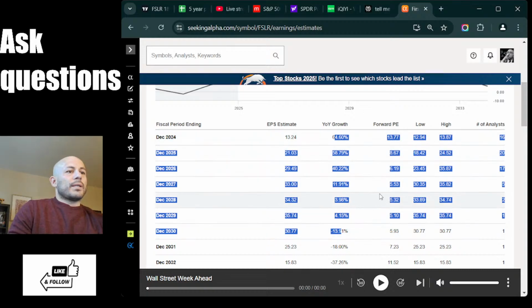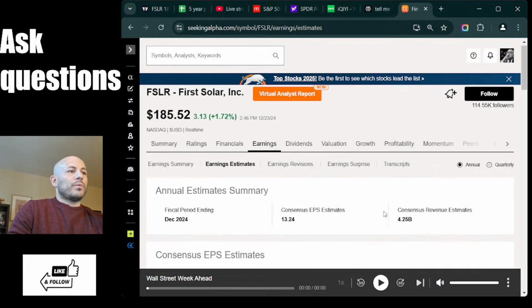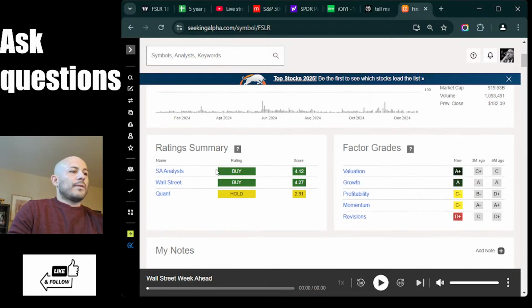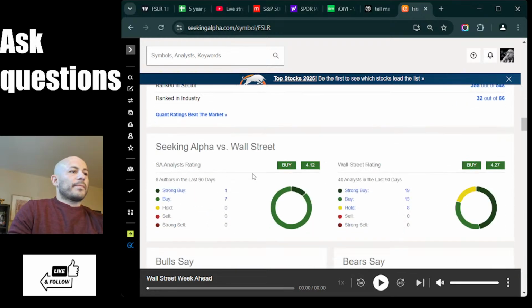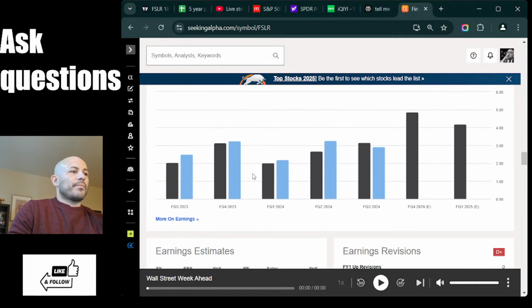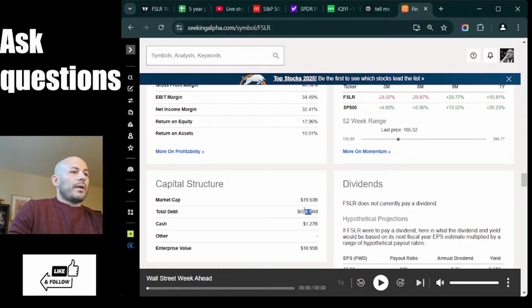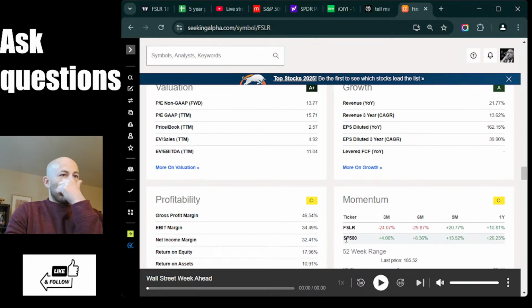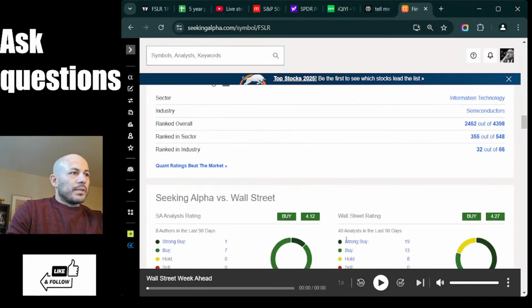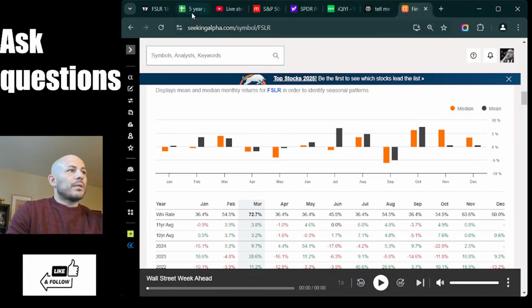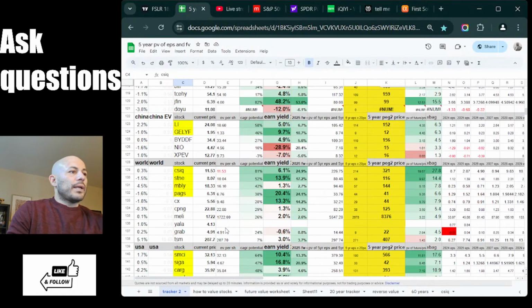Huge growth expected. Low PE stock. What's the problem with this? Is there any problem? They have 600 million in debt, 1.2 billion in cash, a little more cash than debt. Wow. Why is that not on my list? Let's go at it.